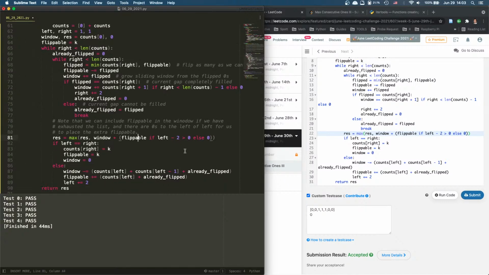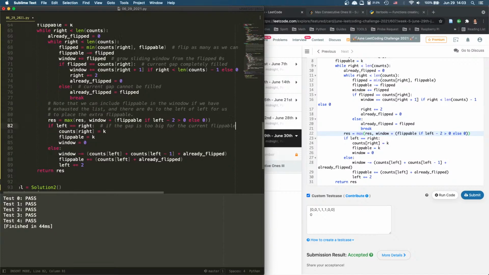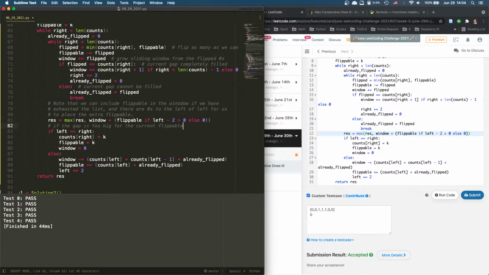Then, if the gap is too big for the current flippable, if the gap is bigger than k, we shrink the gap to k.